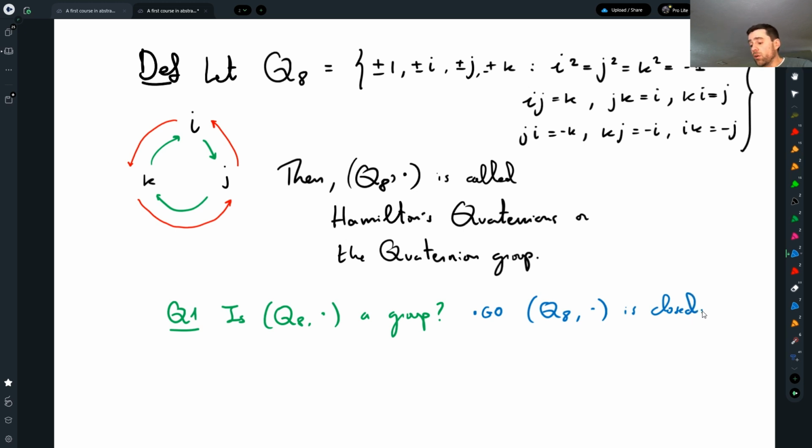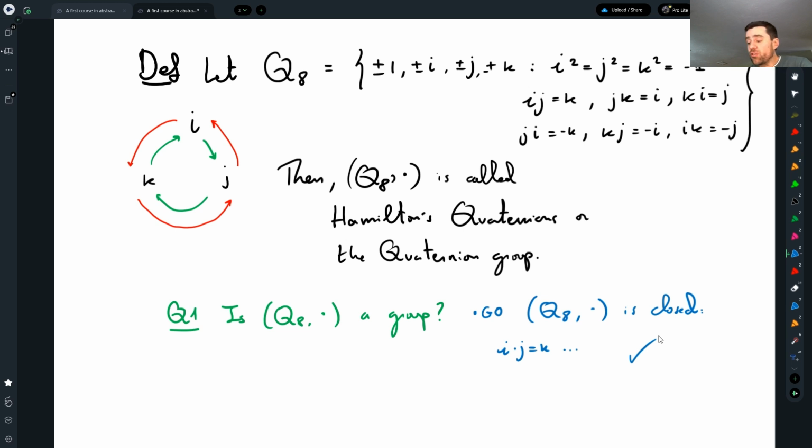And it is closed just because of the definition of Q8 in the parentheses. We have every single possibility of a quaternion. The multiplication of those is defined by the definition. So i times j is k, etc. It gives you the closure. It tells you how to multiply any two elements in that group.